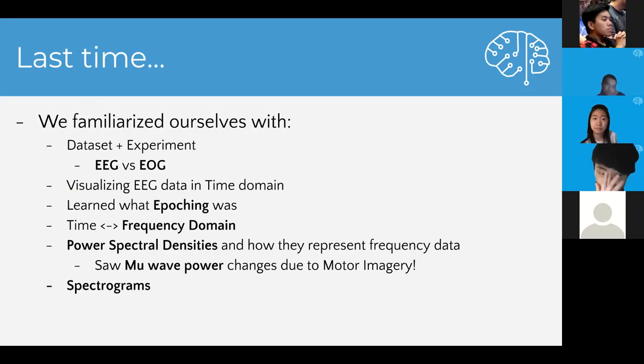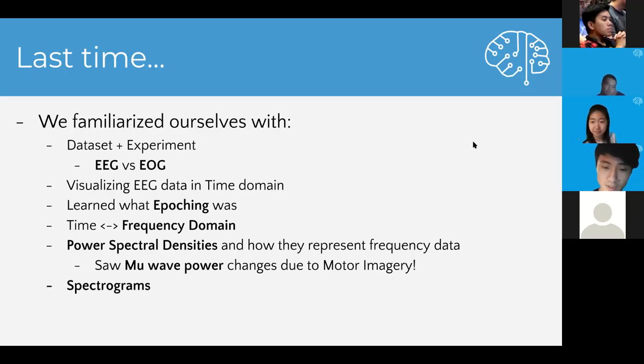And then we learned the techniques of changing the EEG data from the time to the frequency domain and vice versa. Then we learned about a really versatile tool in analyzing the EEG data called power spectral density, or PSD for short.